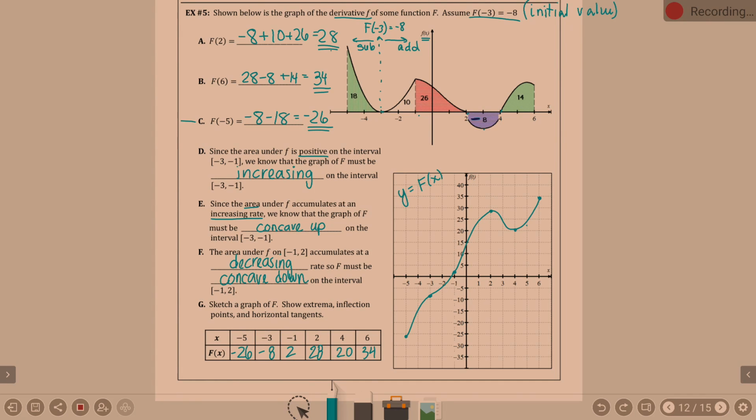Not necessarily. Could -1, 2 be an inflection point too? No, mins and maxes are extrema, and horizontal tangents can occur there. When it changes concavity is when we have the inflection points.